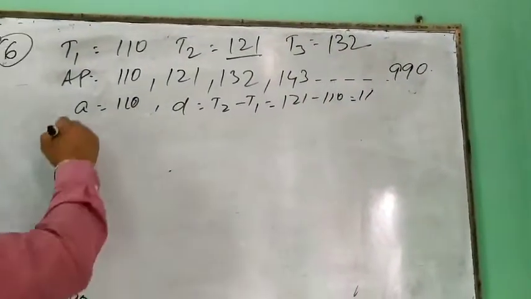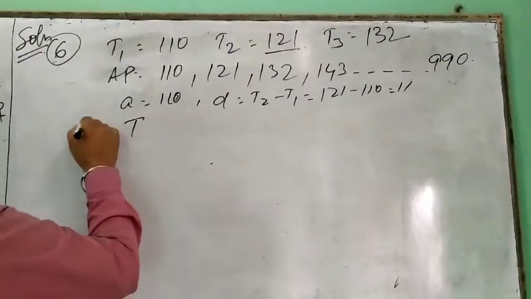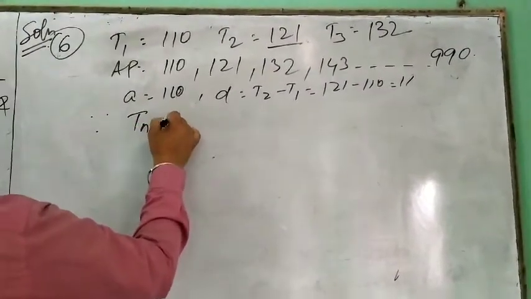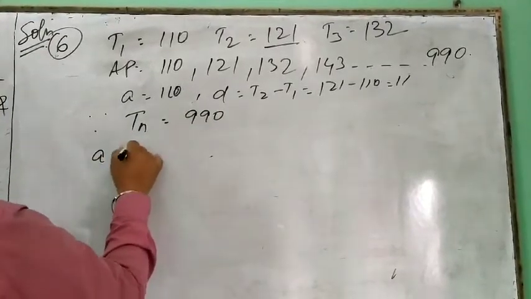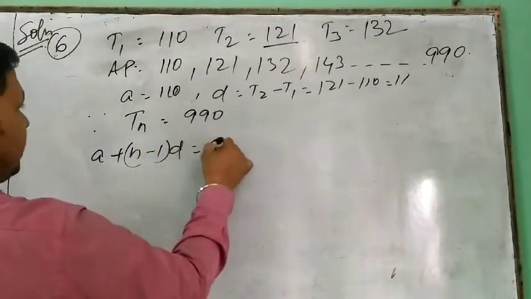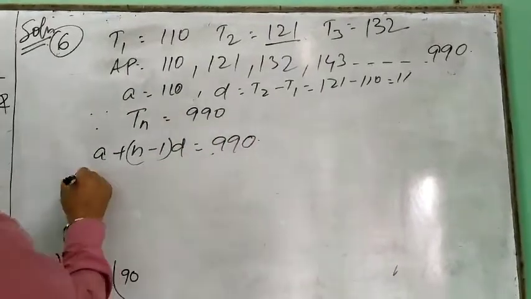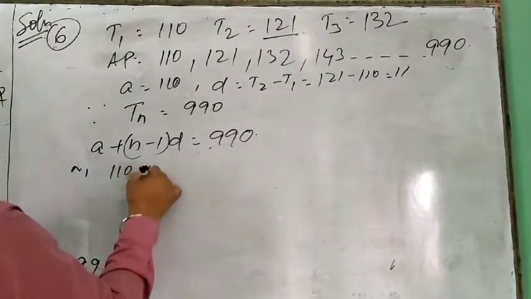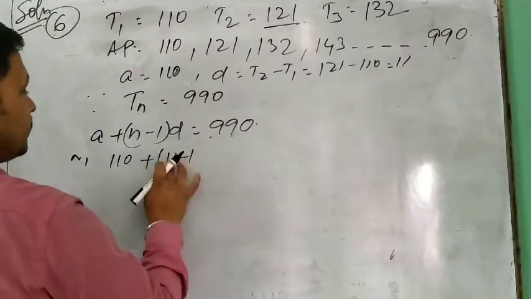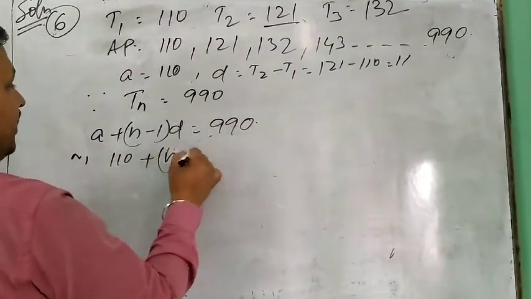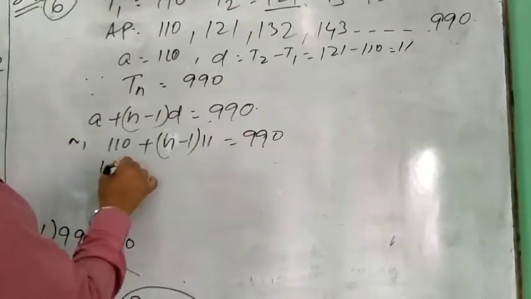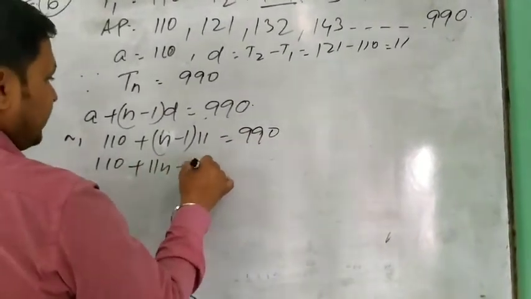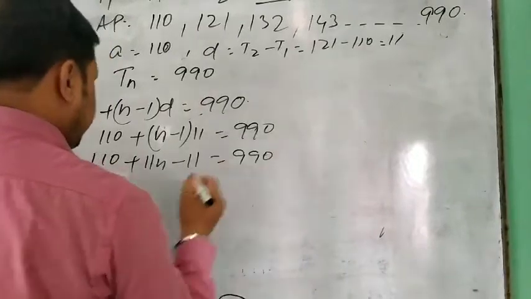That means Tn equals 990. So A plus (n minus 1) into D equals 990. Your first term is 110 plus (n minus 1) into 11 equals 990. 110 plus 11n minus 11 equals 990.